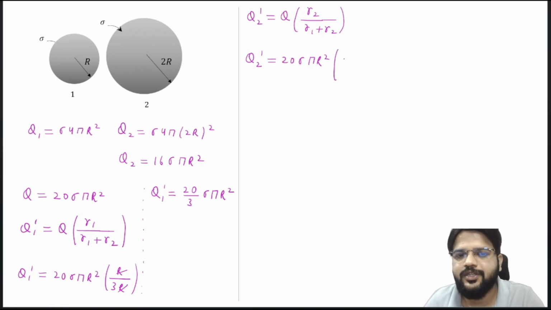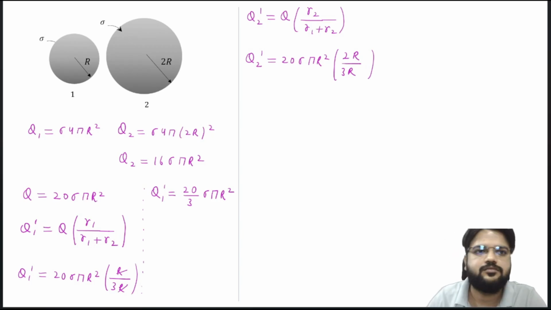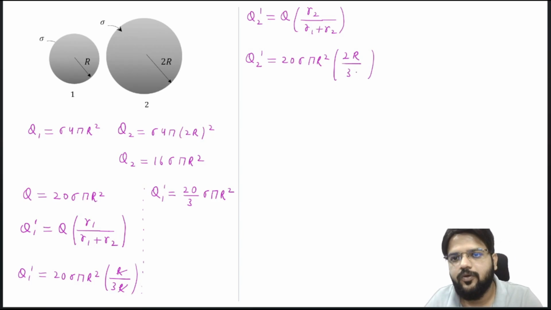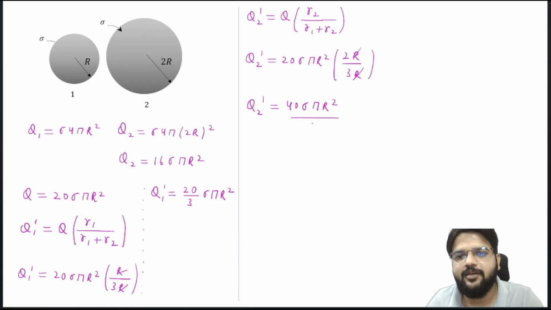It is 2R. So 2R by 3R. Now R is cancelling. Then we have Q2 dash equal to 40 sigma pi r square divided by 3. So we got the final charges after the separation.